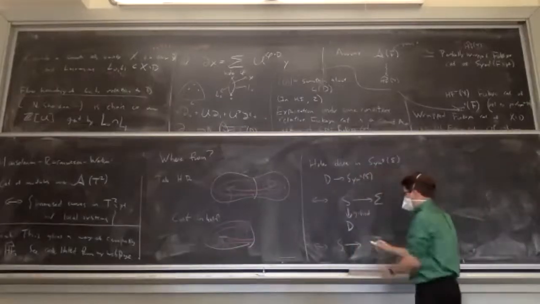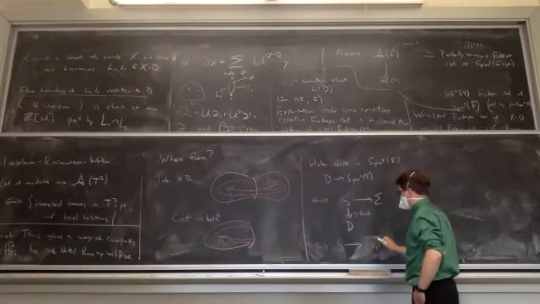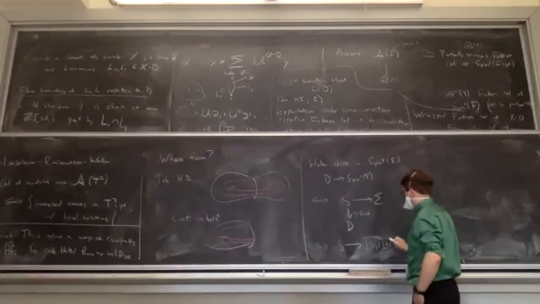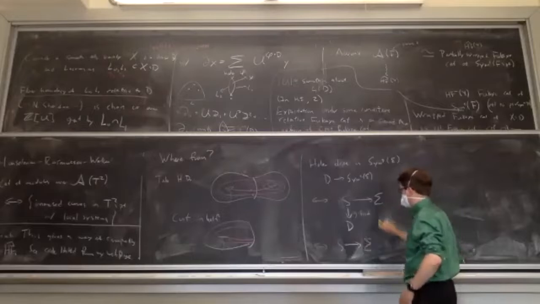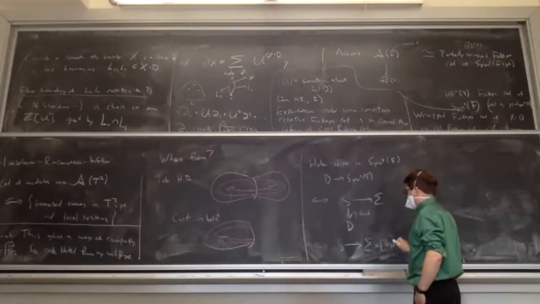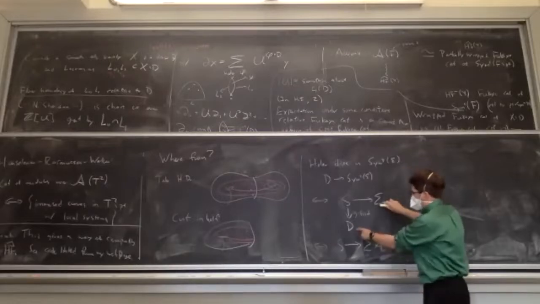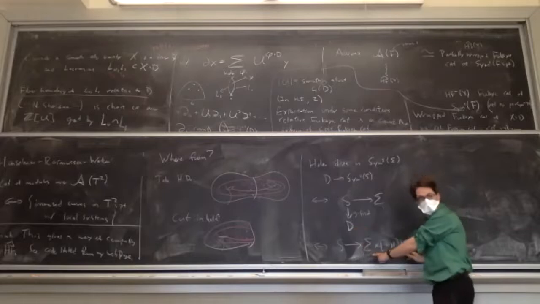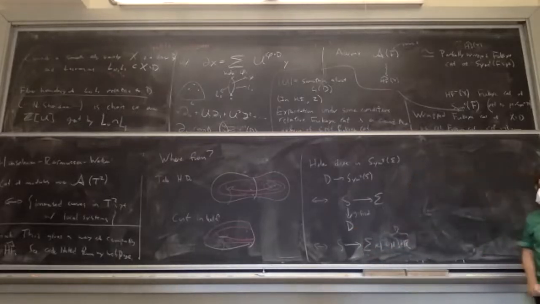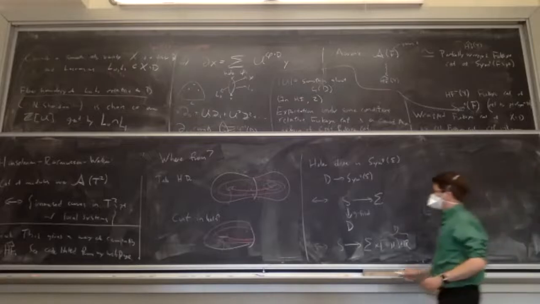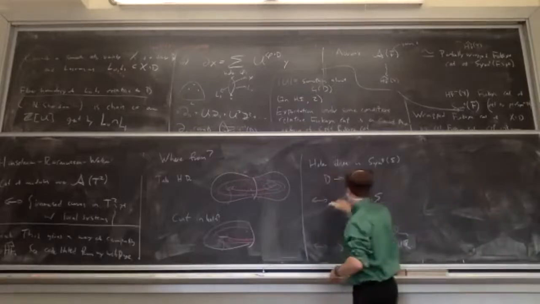Instead of the disk, I'm just going to write that as a strip, [0,1] cross R. Let me write it the way I usually do: take the Sigma factor, and then the disk I'm just going to write as [0,1] cross R. A map to here and a map to there is the same as a map to the product, and this is basically the disk.